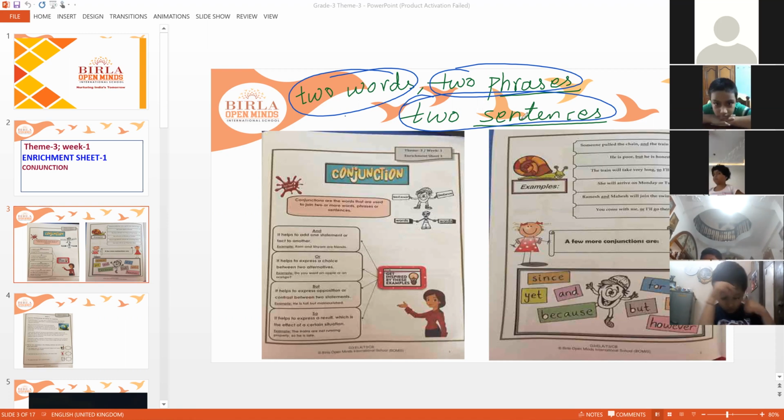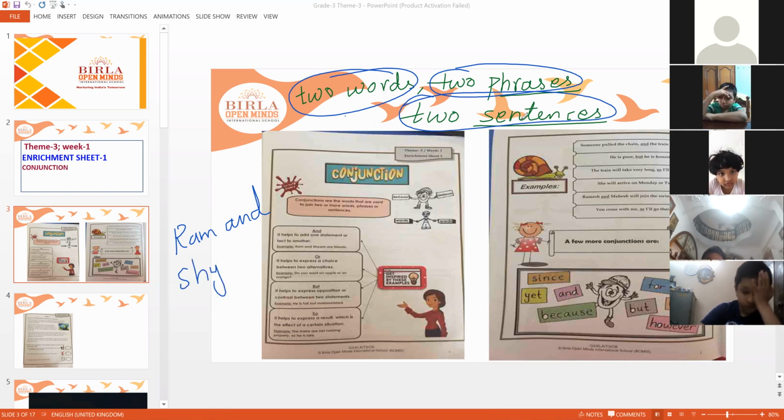"And" helps to add one statement or fact to another. I have just told you that with two nouns, "and" is used to join the two nouns. You can see Ram and Shyam.